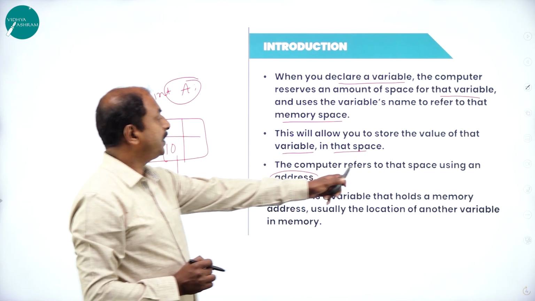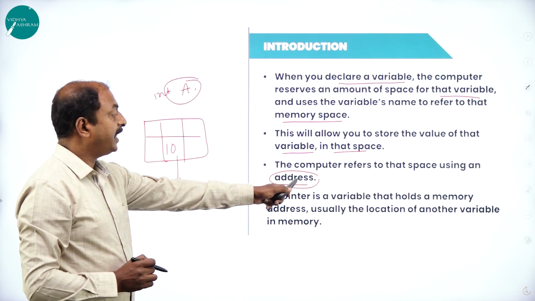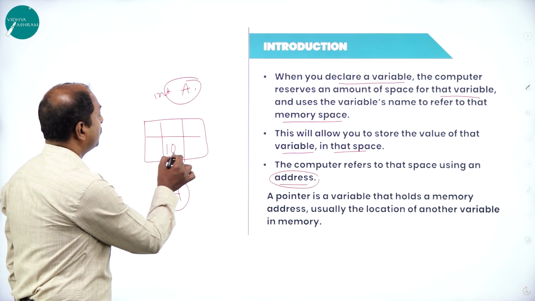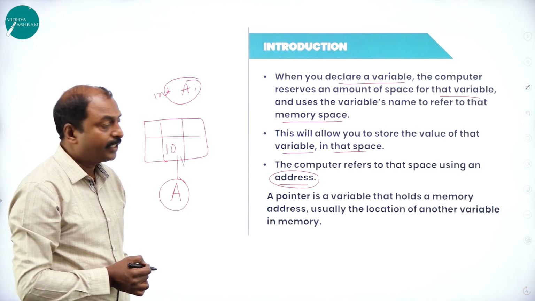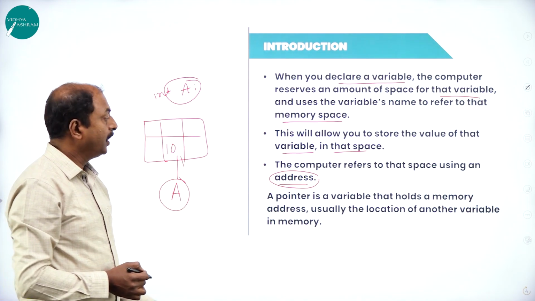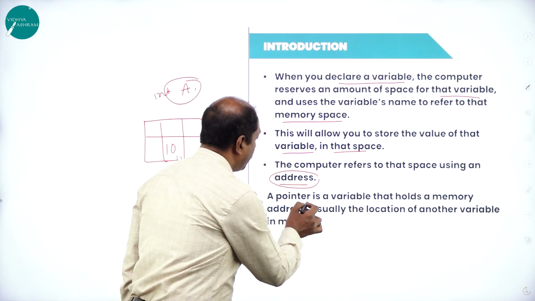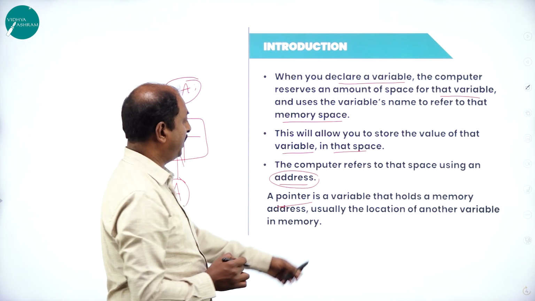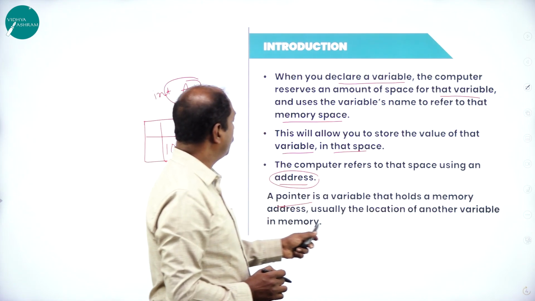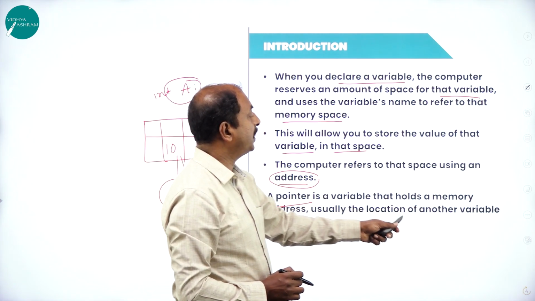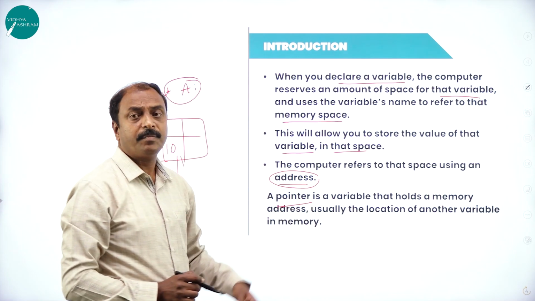The computer makes use of these addresses for its references. So that is the concept of pointer. What is a pointer? A pointer is a variable that holds a memory address, usually the location of another variable in memory.